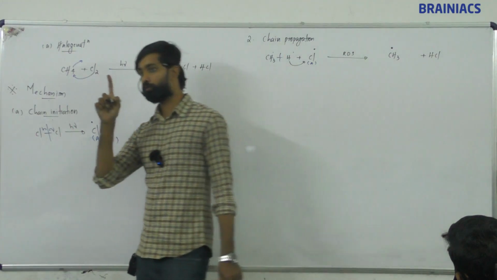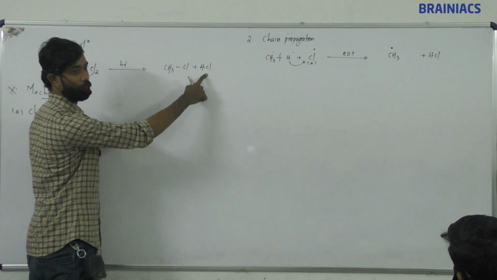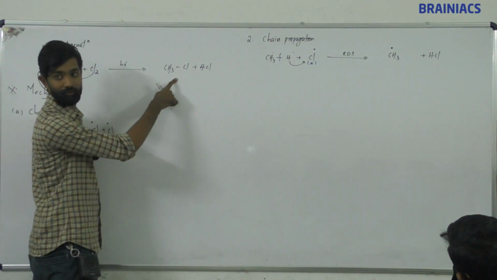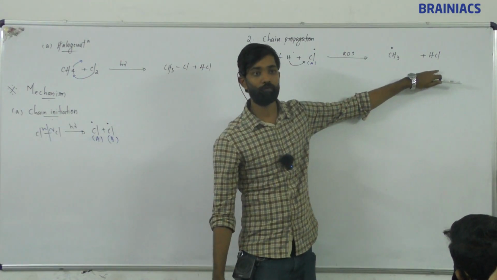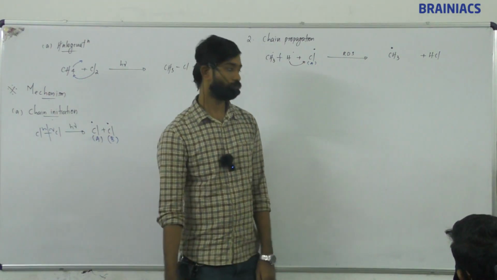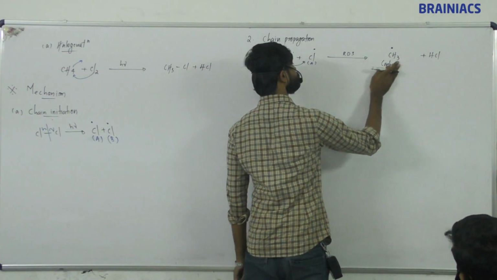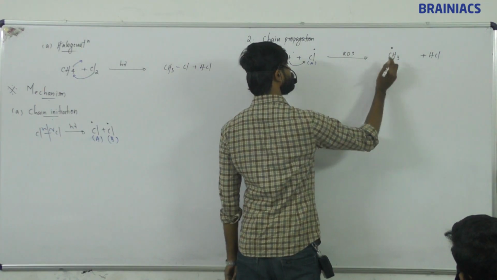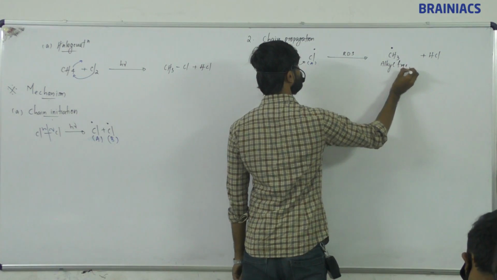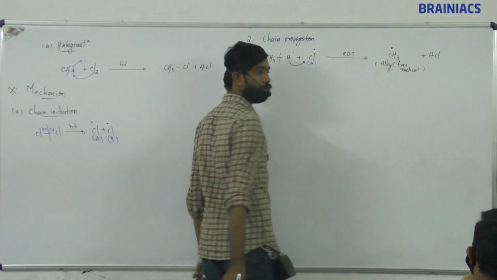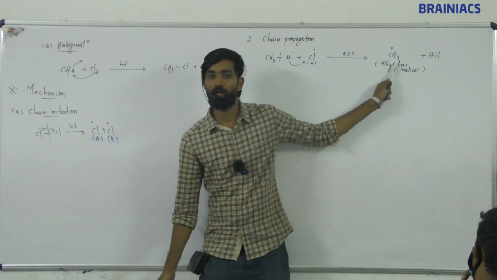So from the mechanism, it is clear that initially HCl is formed, not CH3Cl. Until CH3Cl is formed, initially it forms HCl. The alkyl free radical is formed, so it is clear that the rate determining step is the formation of the alkyl free radical.